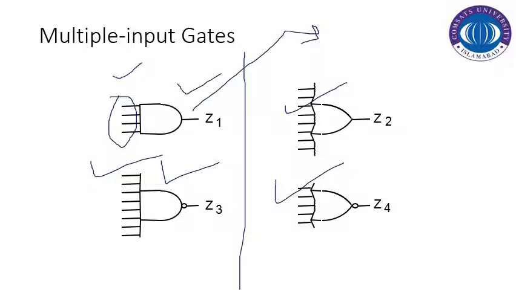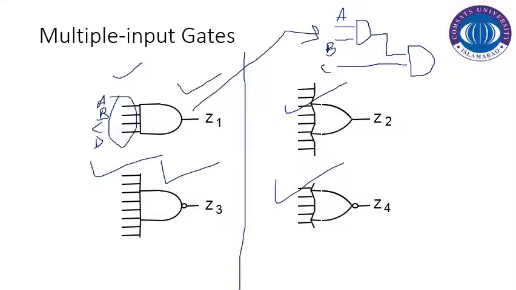For example, the first input is A, then B, then C, then D, and we have to implement this operation by using the two input gates only. Then we can represent it as follows. First of all, we construct the AND operation between A and B. Then we construct the AND operation of C with the result of A dot B. This is A dot B basically.